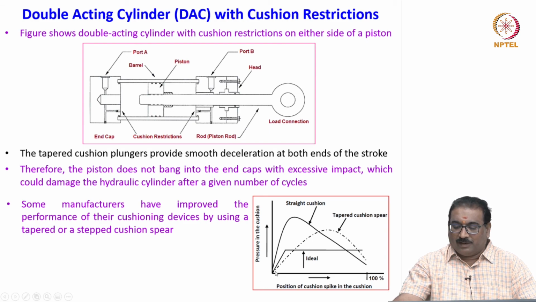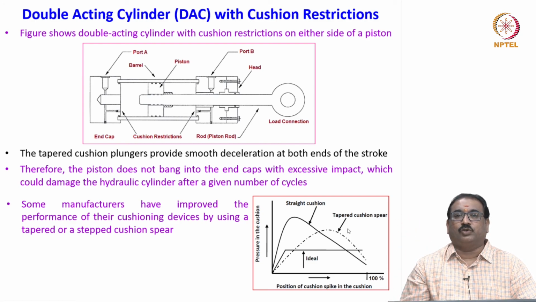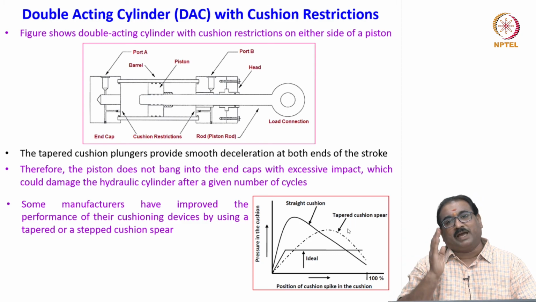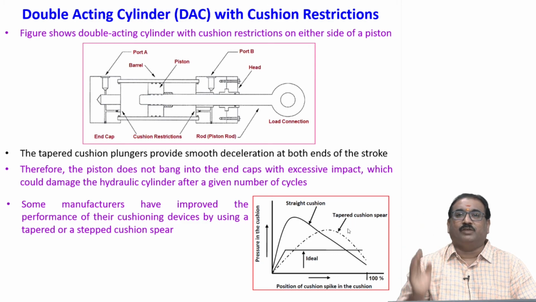Then you will see the tapered cushioning spear, how it is. Then you will see the stepped cushioning, how it is. Meaning these are very essential to safeguard the whole cylinder body. Cushions are very essential to overcome the dynamic impact when the piston is moving with the fluid pressure.